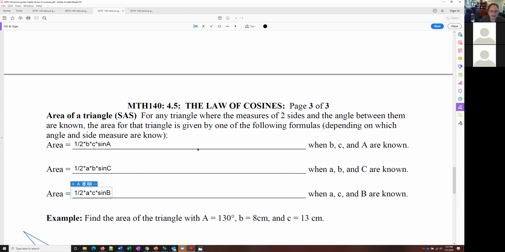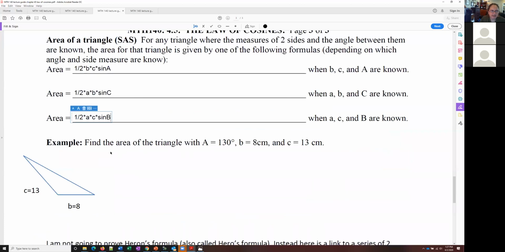So next, we're going to look at an example. It says find the area of the triangle where we know angle A is 130 degrees, and we know side B is 8 centimeters, and we know side C is 13 centimeters.